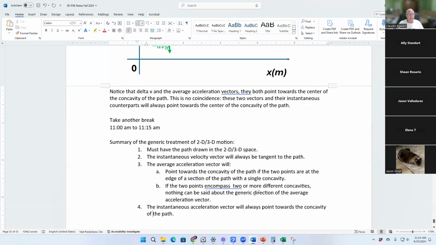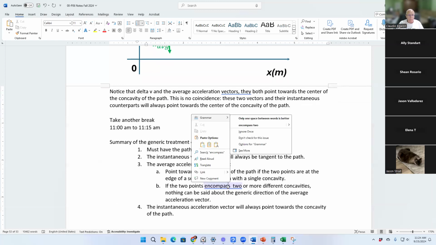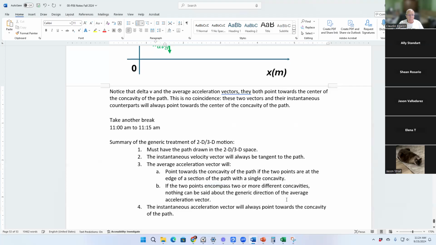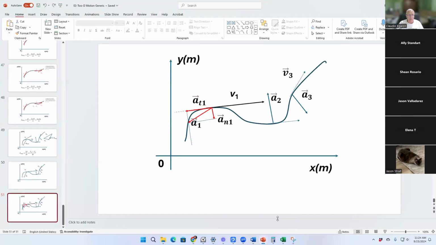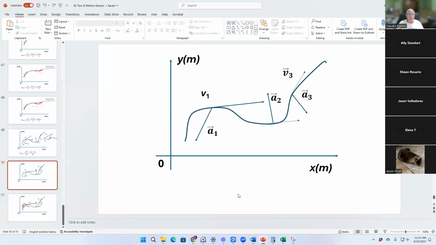So those are the 4 important points that you must have in mind, okay? So here you go. Let me just illustrate it here again, right? So suppose, okay, here we have a concavity, here we have another concavity, and here we have another concavity, 3 concavities, right?